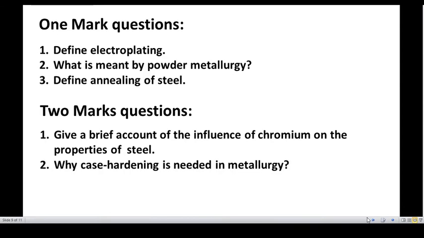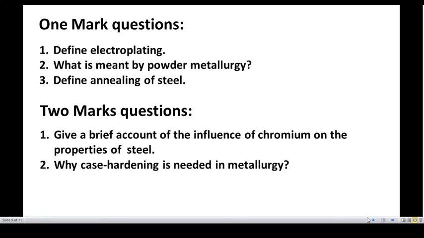It improves the corrosion resistance, and its presence may cause excessive hardness and cracking in and adjacent to welds. So usually it is used to increase the hardenability and the corrosion resistance of steel.